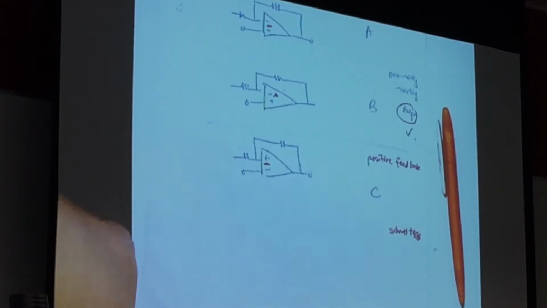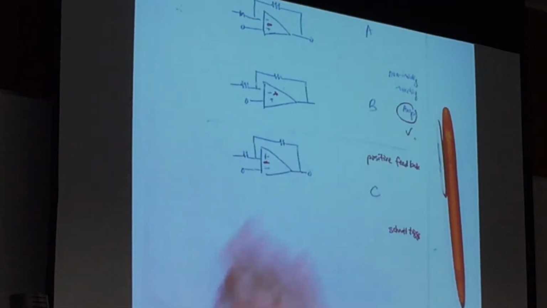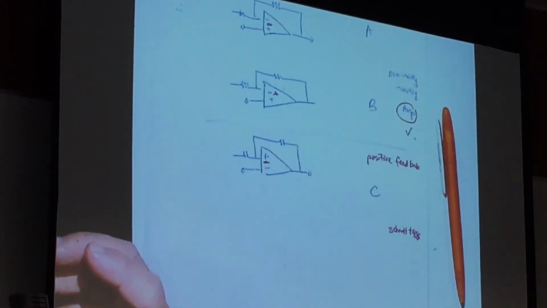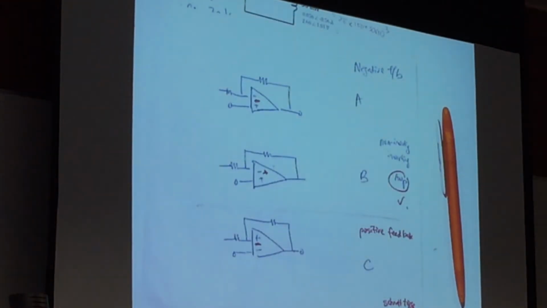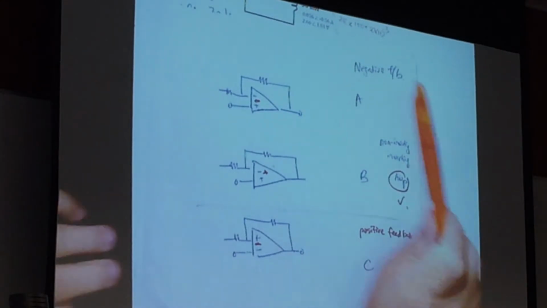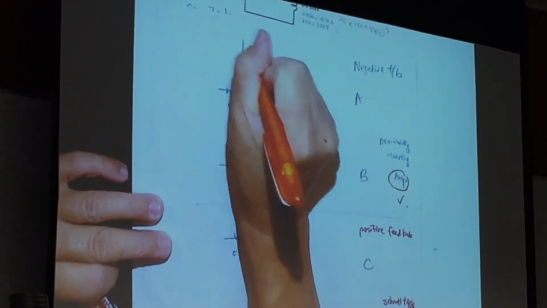But whether it's inverting or non-inverting, what's the difference? There's no difference until you put in your input. Is that clear? Typically, let me draw one more. Same thing here.